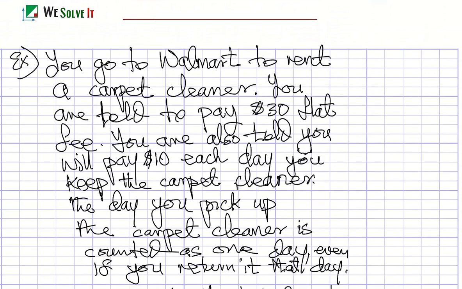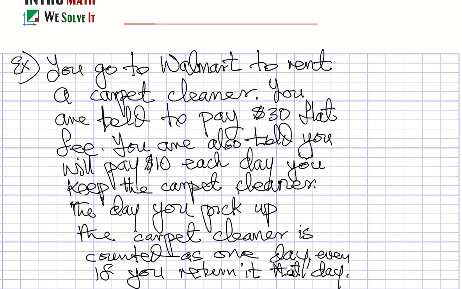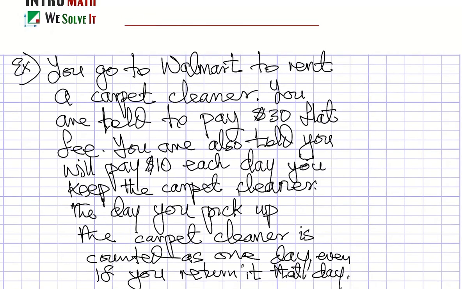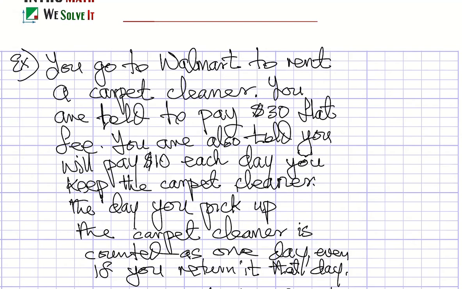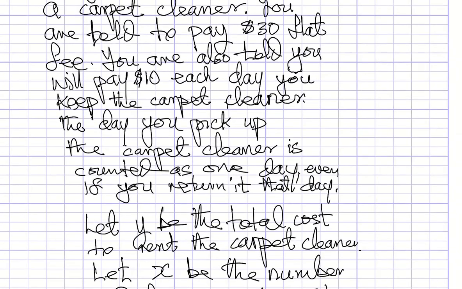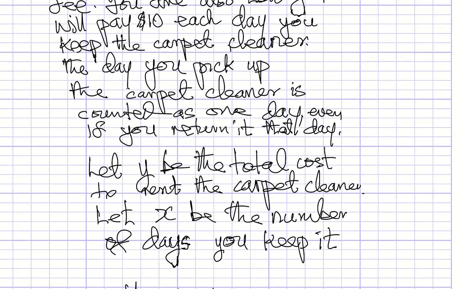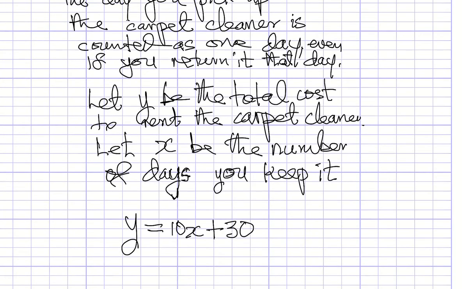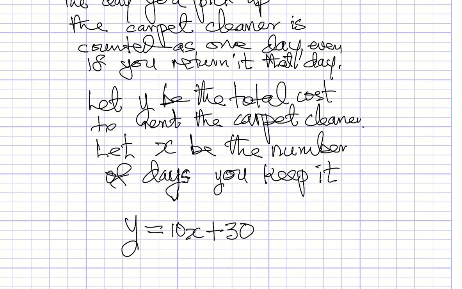Okay, so let's see what I did. Let's use the idea from the many problems we solved, something like this in the one variable linear equation case. I said let y be the total cost to rent the carpet cleaner, and let x be the number of days you keep it. Then you notice that y equals 10 times x plus 30.